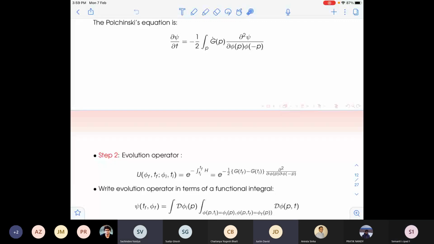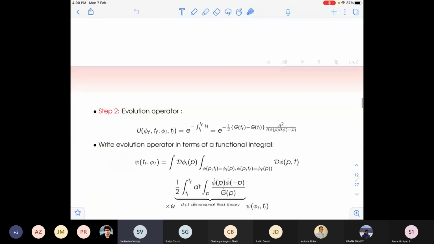This is Polchinski's RG equation. Yeah, this d psi by dt is this. Integral of... Okay, so it's like a diffusion equation. It is like a diffusion equation, and then you're integrating over all p, and the g dot in Polchinski's equation is the derivative with respect to t, which is your scale.